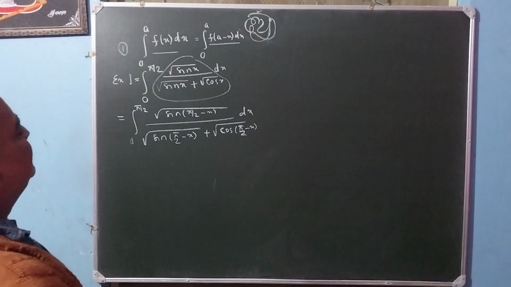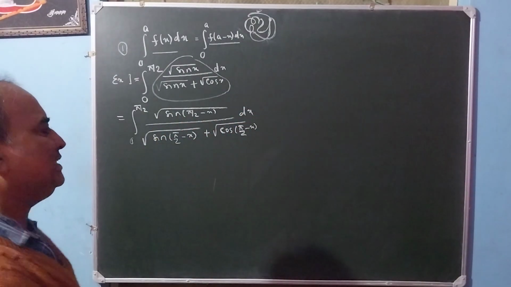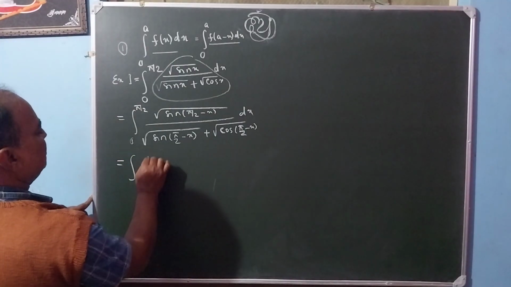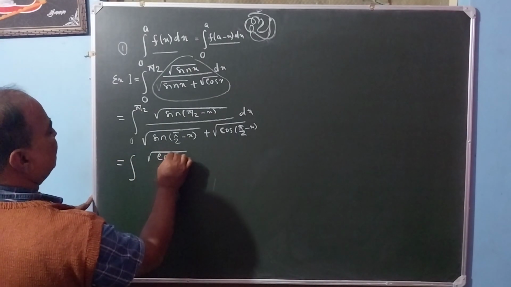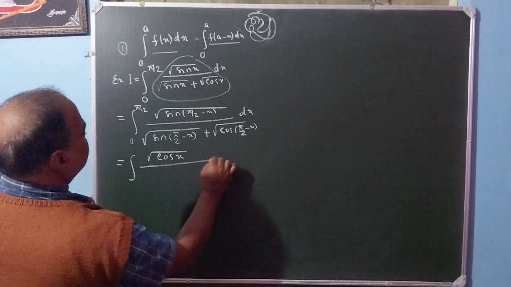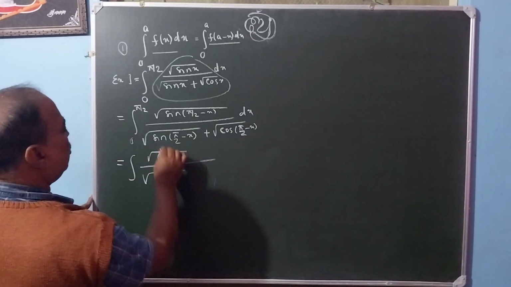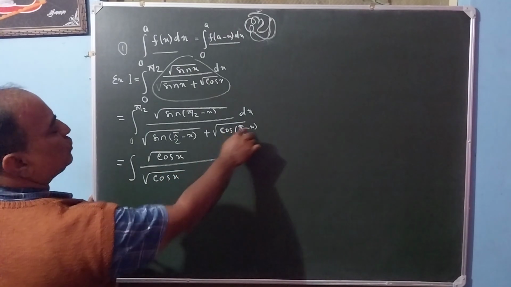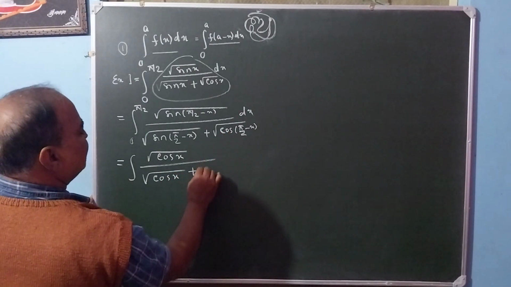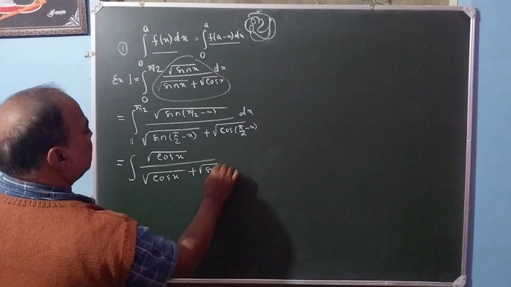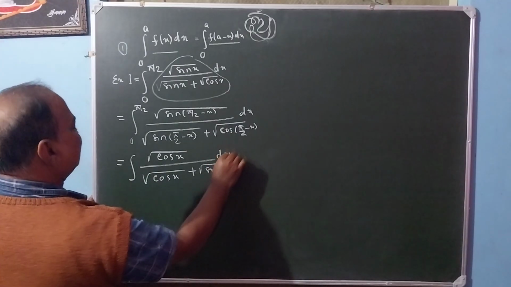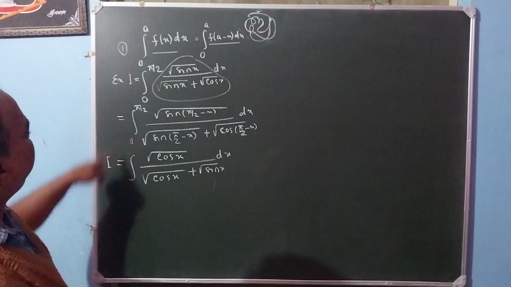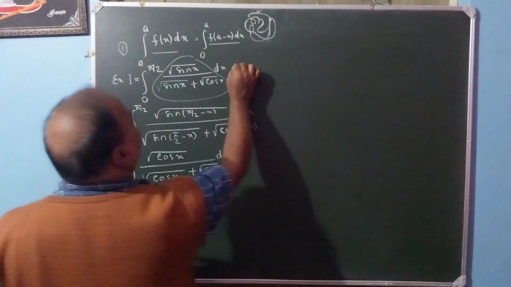We know sin(pi by 2 minus x) is cos x. So here it is root over of cos x divided by root over of cos x plus root over of sin x, since cos(pi by 2 minus x) is sin x, dx. This is also I.